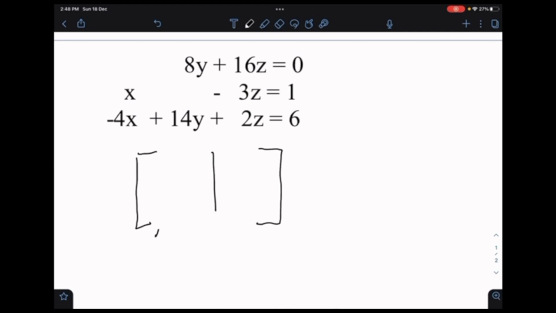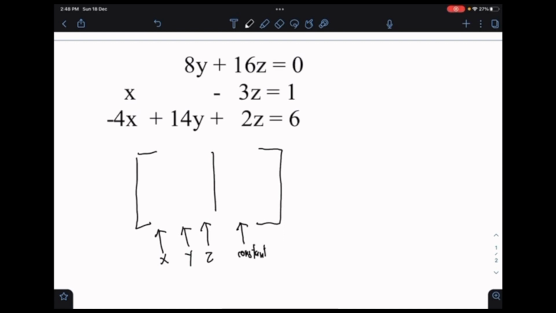So the first column is indicated as x, the second column as y, and the third column as z, according to the example above. The fourth column we can indicate as constant.